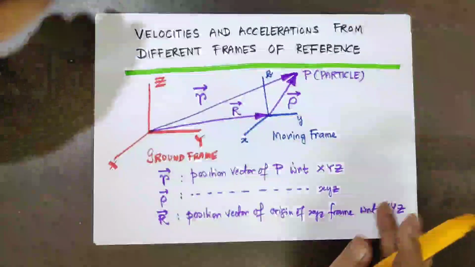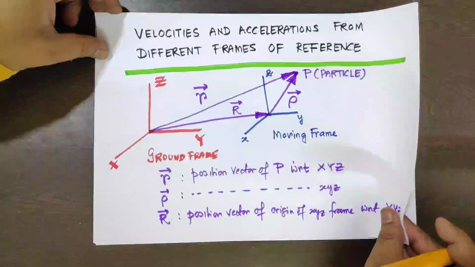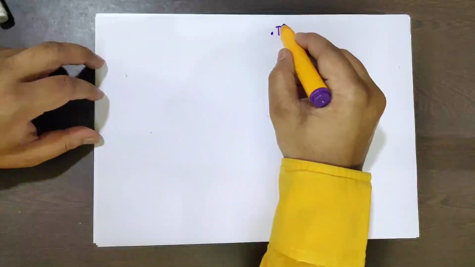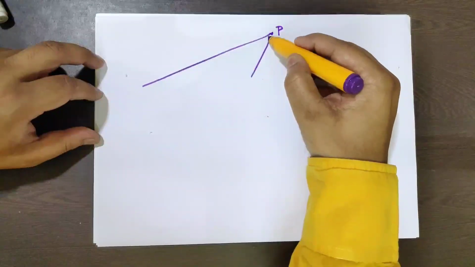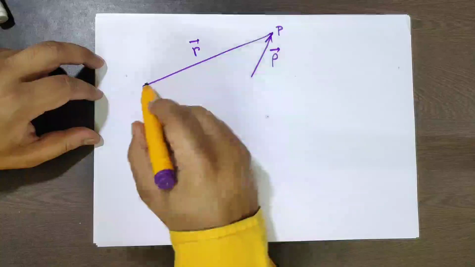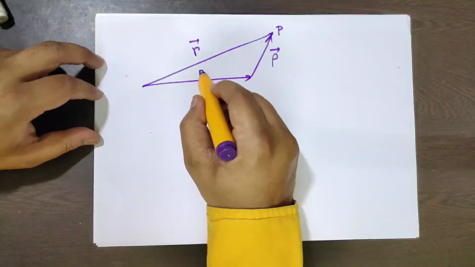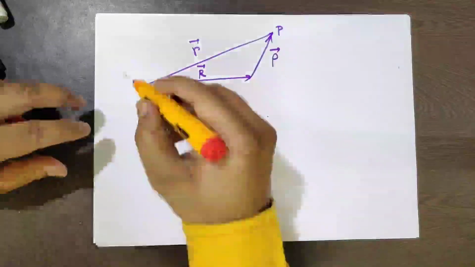However, if these are the position vectors, their rate of change will give you velocities. So again let me draw this particle P, with rho, this is r, and this is the position vector capital R itself, and these are the frames.